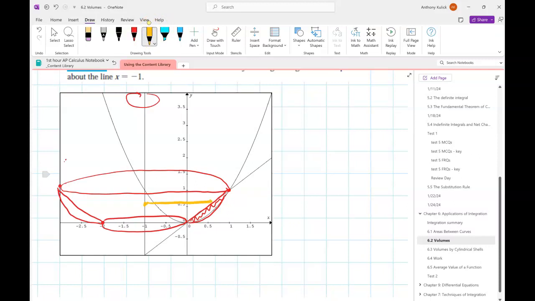So my inner radius is there, and, oops, let's put it down here somewhere. My outer radius would be like there. Everybody okay? So let's look here. I know that this distance is 1.